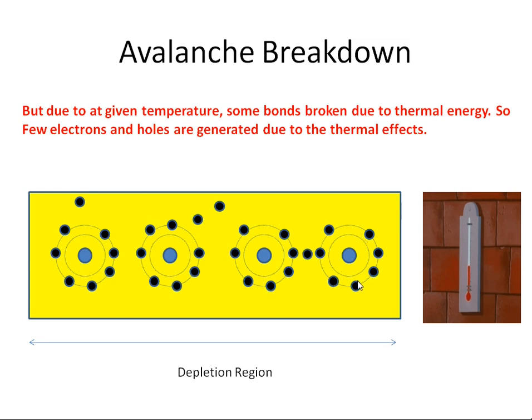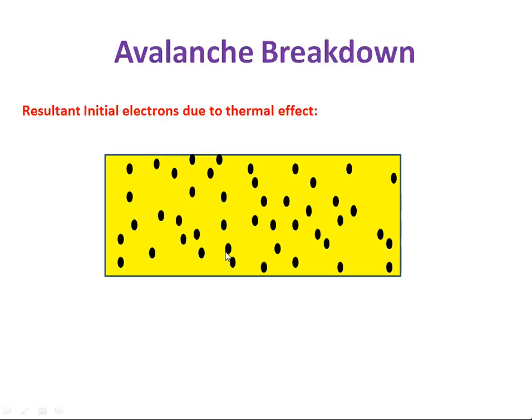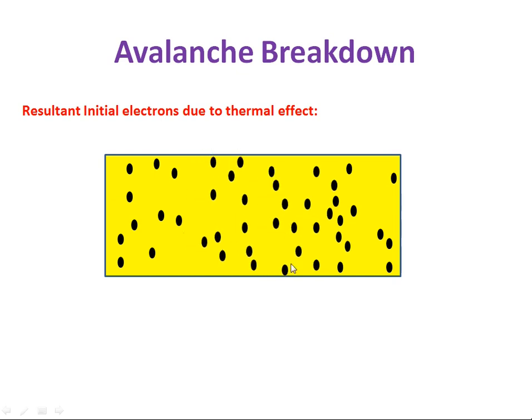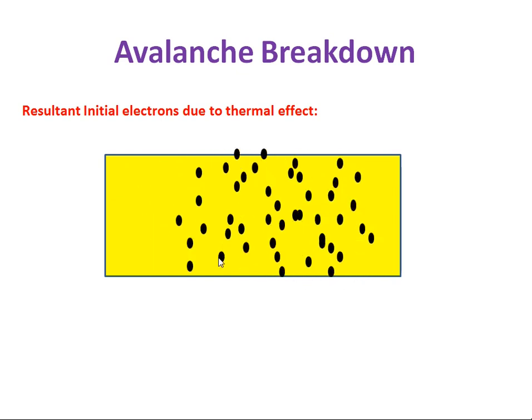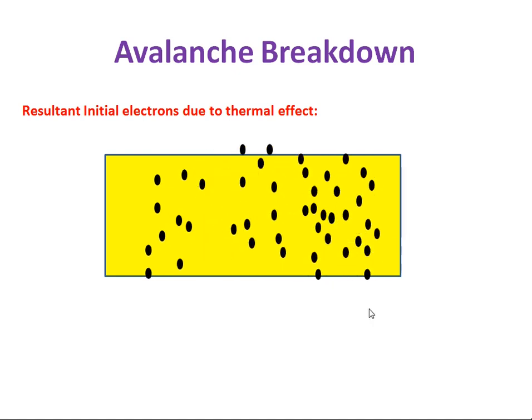So now free electrons are created, which creates holes also. If an electron leaves from one point, then that point becomes empty. So we call it a hole. So these are the initial electrons due to the thermal effect. When the temperature keeps on increasing, more free electrons are produced in the depletion region.